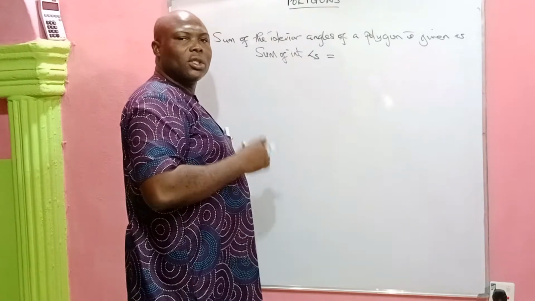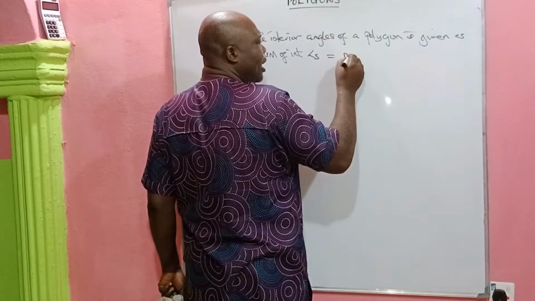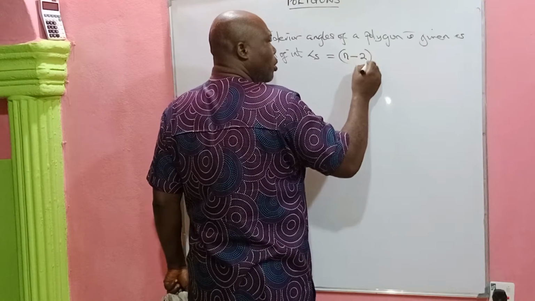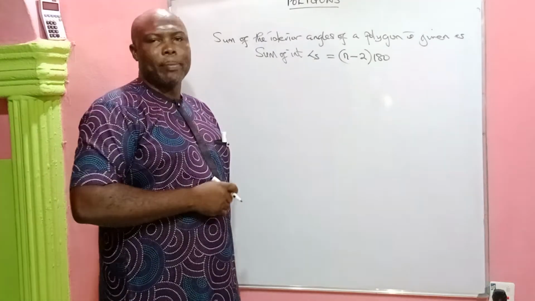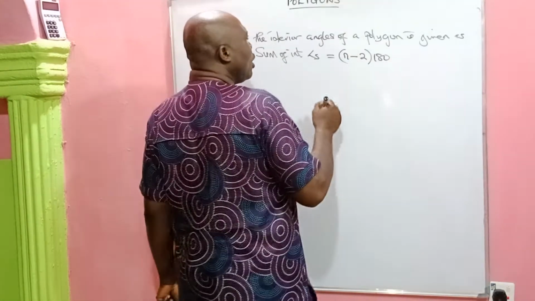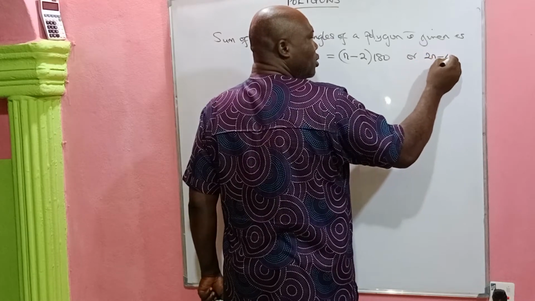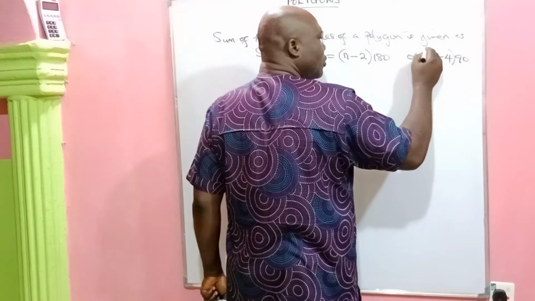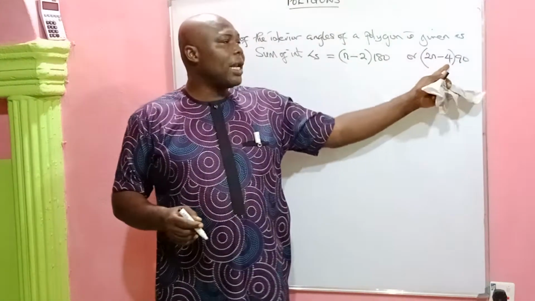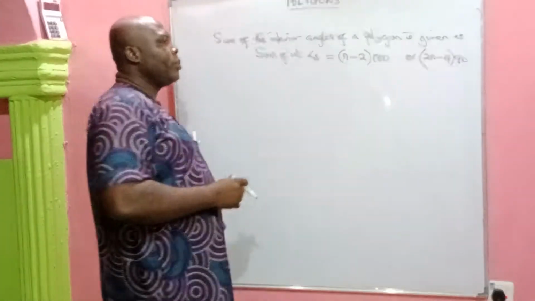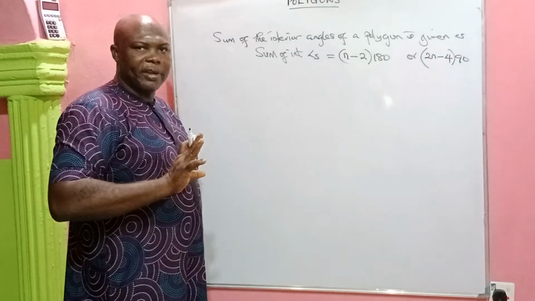When we want to find the sum of the interior angles of a polygon, you simply have to do this: n minus 2 multiplied by 180, where n is the number of sides that polygon has. You can equally use this other formula, 2n minus 4 right angles. You can also use this formula, you still have the same thing. But we'll be concentrating on using just one formula so that we don't get confused, the first one.